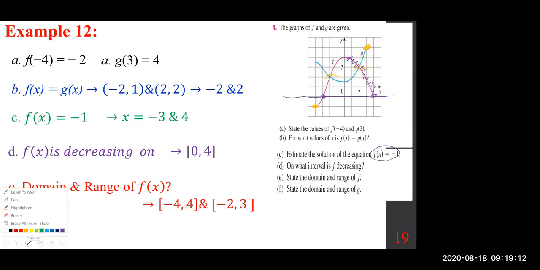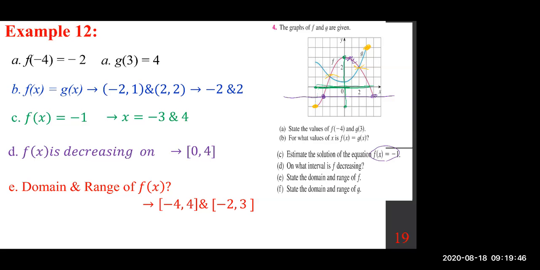Let's see. So we are looking at the red function, the f function. If you look at this last one, this covers here to here along the x-axis, and you can figure out along the y-axis from here to here.